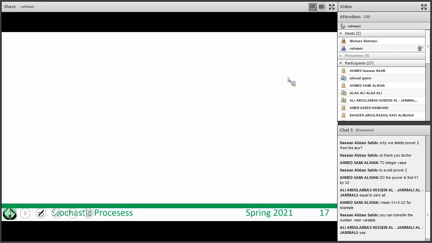There is another solution for this problem, which is known as gradient descent. Let me find the word in Arabic.